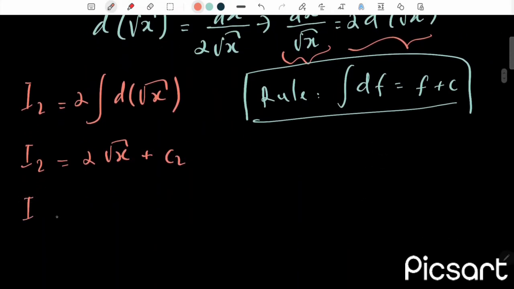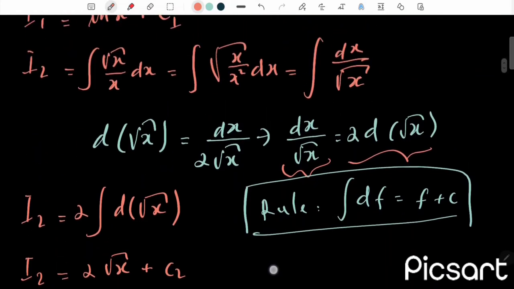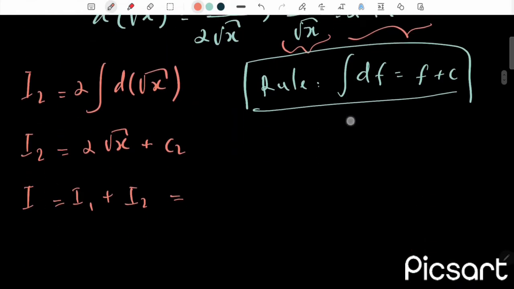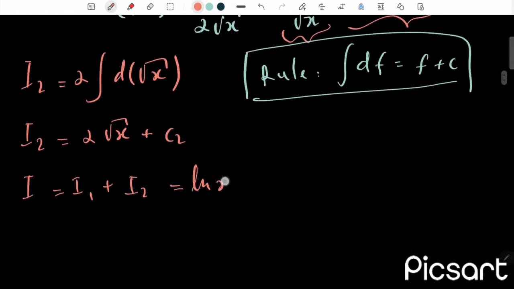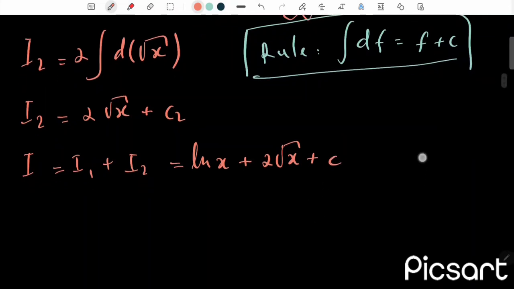Then the full I is equal to I1 plus I2, so that the solution is ln of x plus 2 times the square root of x plus c, where c here is c1 plus c2.